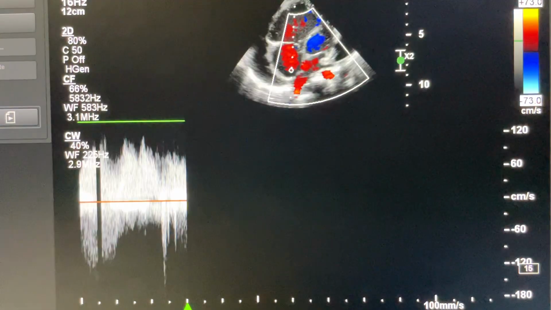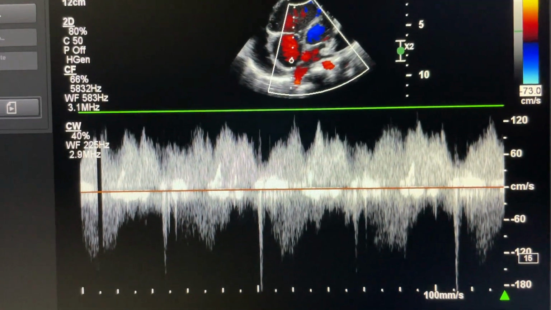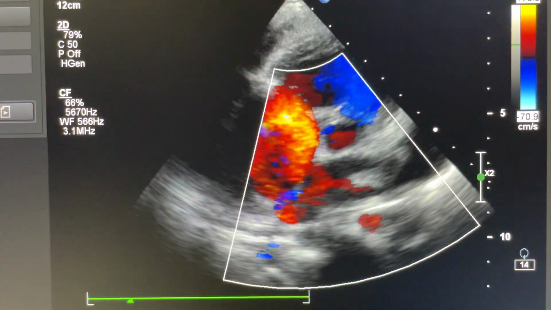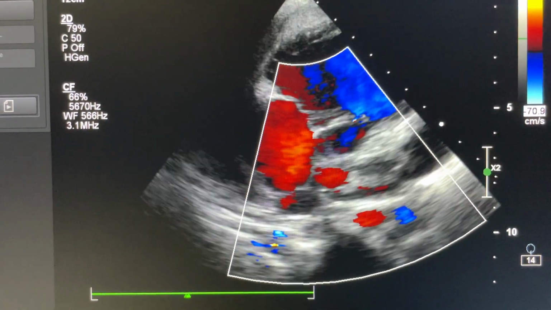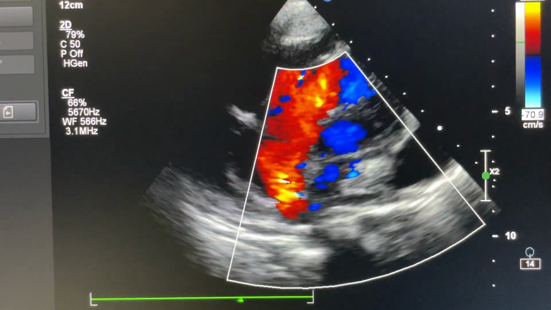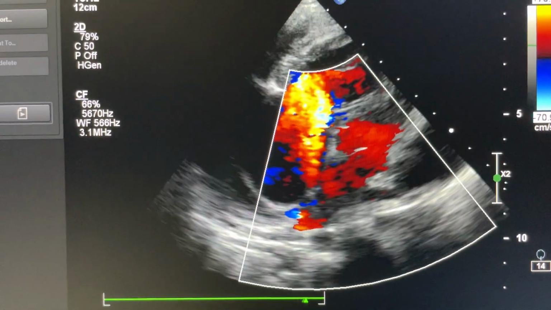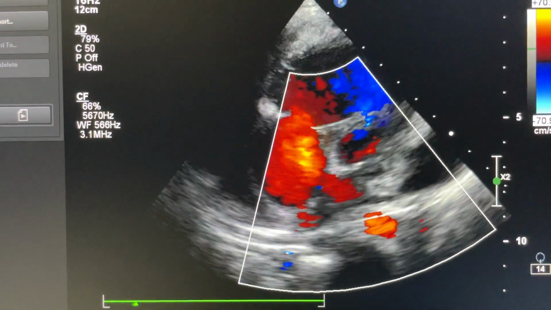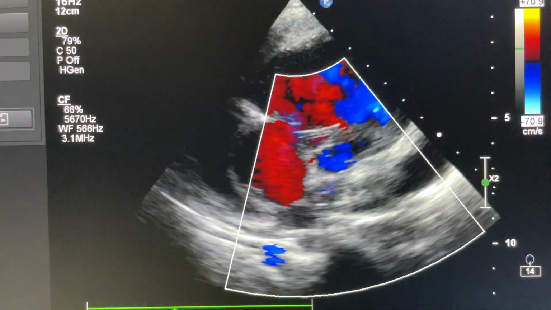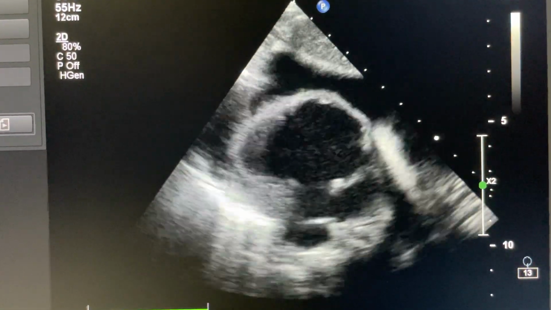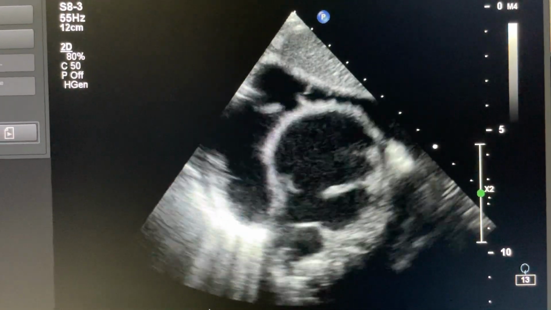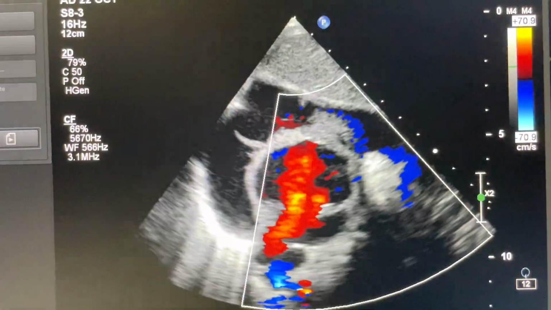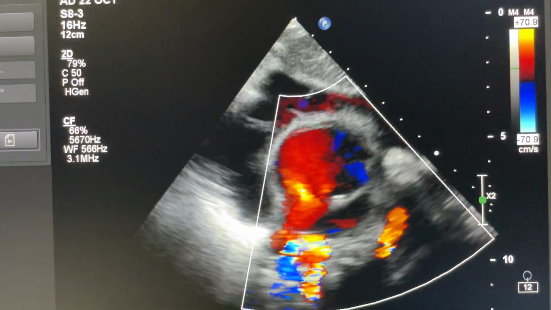And pericardial effusion seen only during systole is trivial. Just remember 10 to 20, that is the moderate one. If less than 10, then it is mild. If more than 20, then it is severe pericardial effusion.